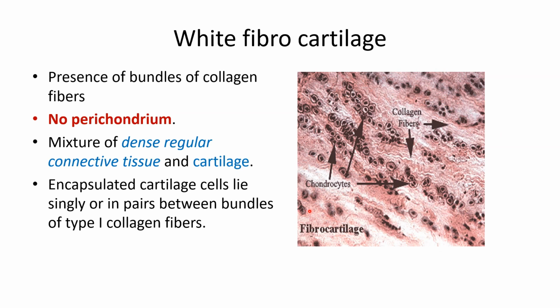So white fibrocartilage does not contain perichondrium. White fibrocartilage is a mixture of dense regular connective tissue and cartilage. The encapsulated cartilage cells are lying singly or in pairs between the bundles of type 1 collagen fibers.